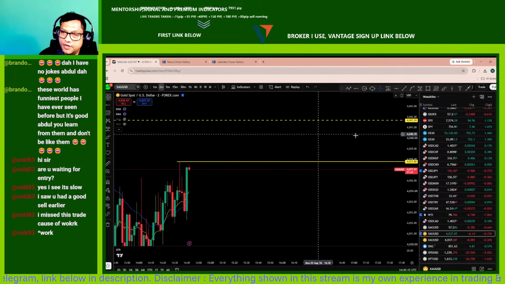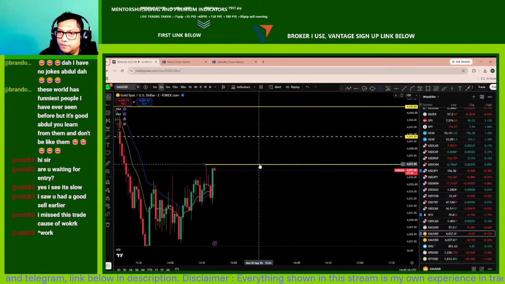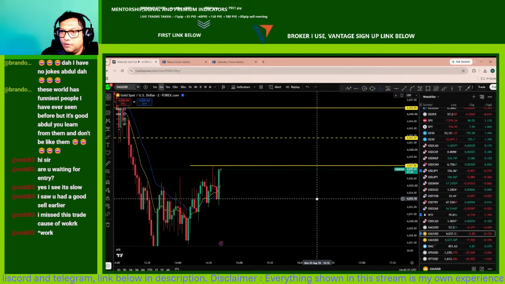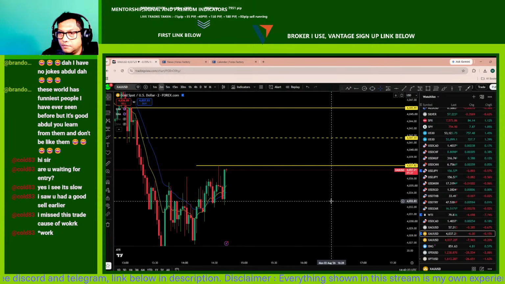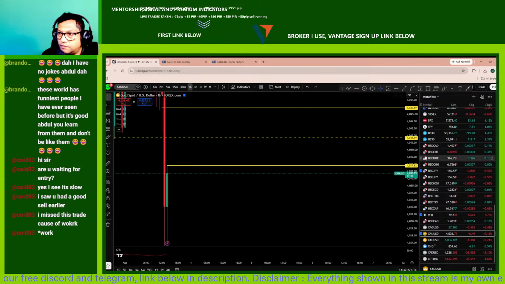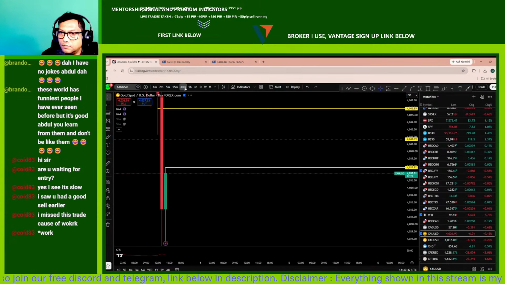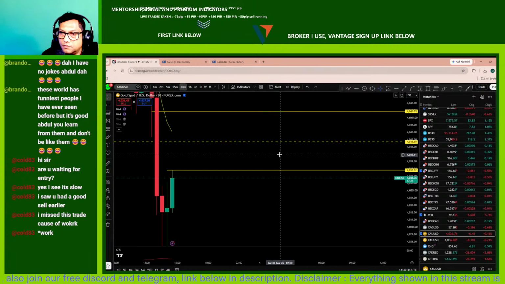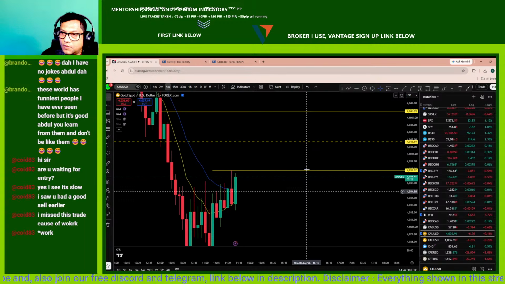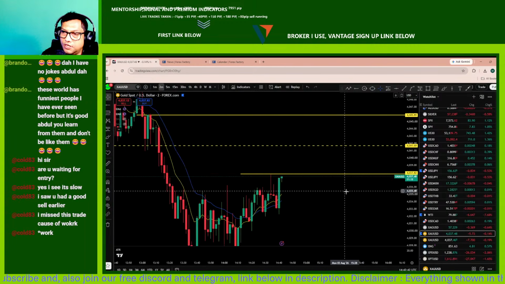Especially when the volume is higher, this good move might come along this area. Okay, showing some upside momentum again in this area.